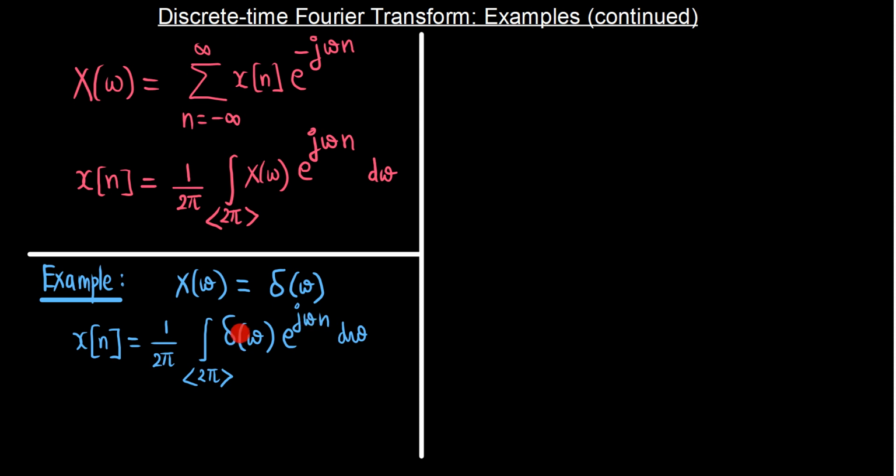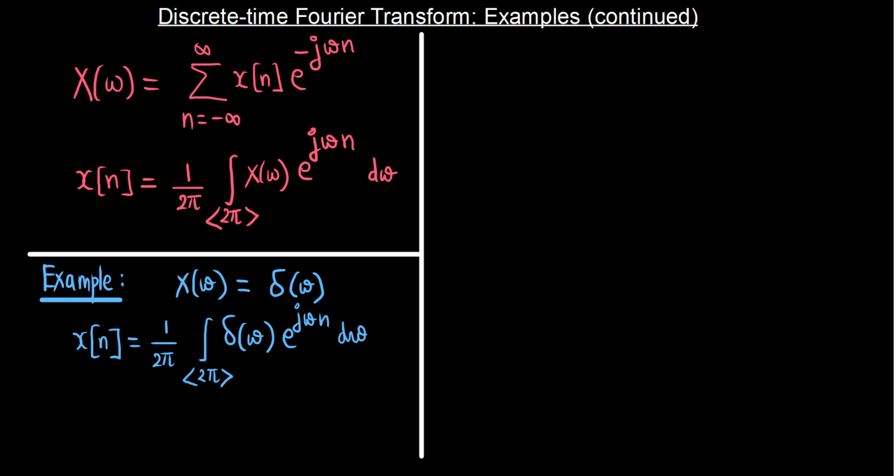If any impulse is getting multiplied by a signal, that impulse is going to get scaled by the value of the signal at 0. So here it is going to be the value of e power j omega n at omega equals 0. So at omega equals 0, this exponential is going to be 1.